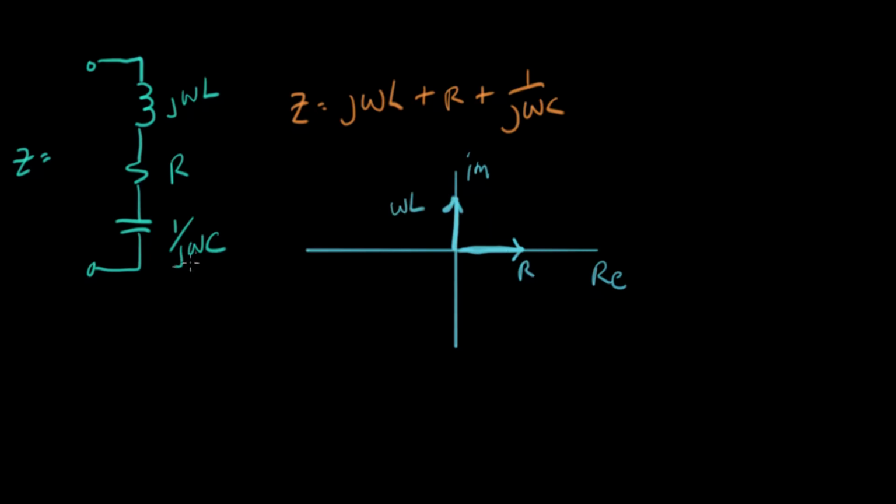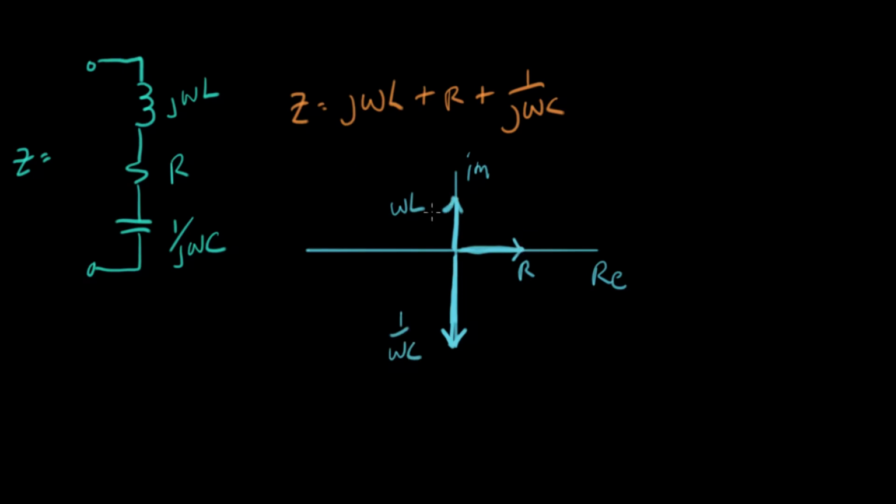And here's 1 over j omega C. That goes down on the axis like that. Let's make the capacitor small, which makes its impedance large. The magnitude of that is 1 over omega C. And when we put all these together, we do a vector add of these guys here.